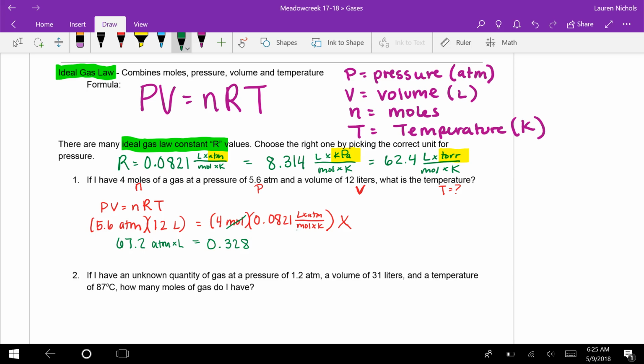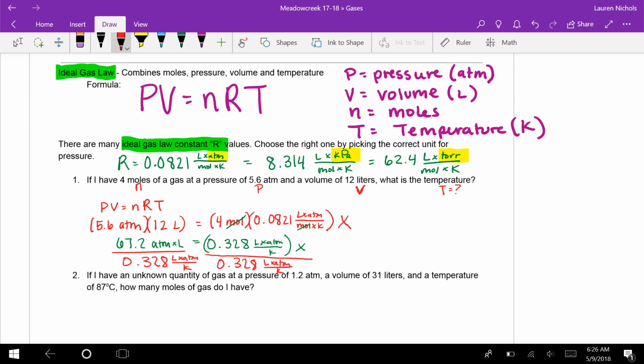Then moles is going to cancel out with moles, so I have liters times atmospheres divided by Kelvin times x. And so in order to get x by itself, we're going to divide by 0.328 liters times atmospheres divided by Kelvin on both sides.